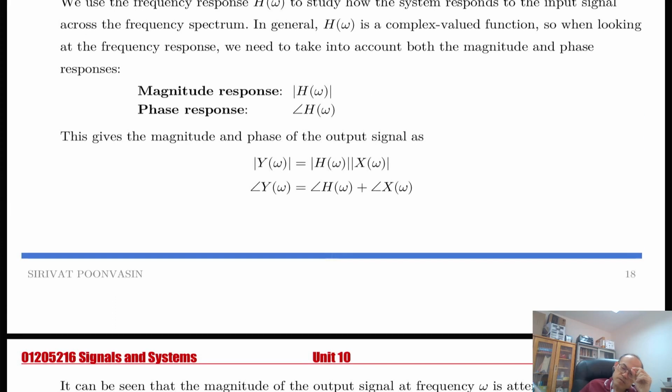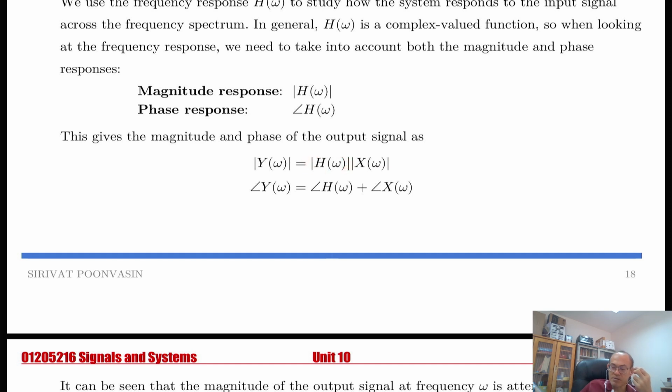Now, from this equation, you see that the magnitude of the output signal would be controlled by the magnitude response. That's why we call it magnitude response. For example, if at certain frequencies this is very small, then it means that the system will attenuate the magnitude of the input by multiplying by something very small.